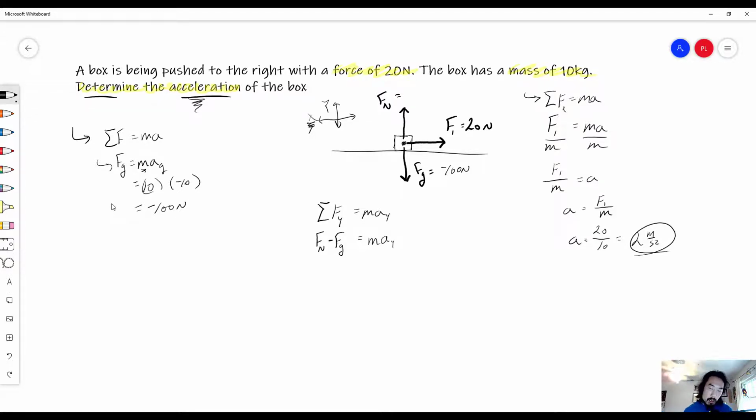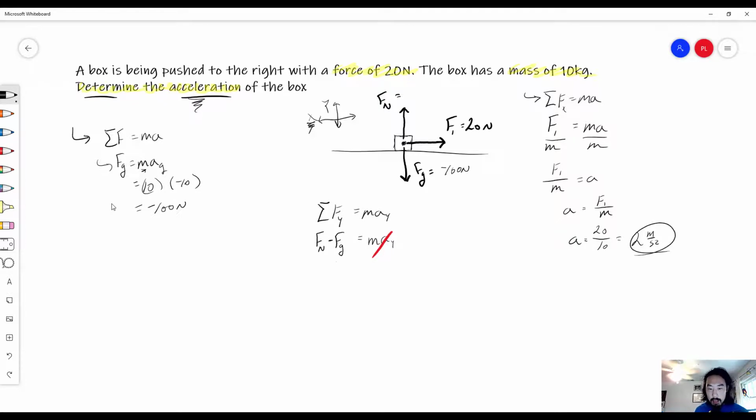All right, so here's where a little bit of the common sense comes in with the physics. And personally, this is what makes physics really cool. So we know that this object is not accelerating in the vertical direction, right? It's not being lifted off the ground. It's not being pushed into the ground. It's just sliding left and right. So that means that our acceleration, because it's not accelerating in the y direction, will be 0.